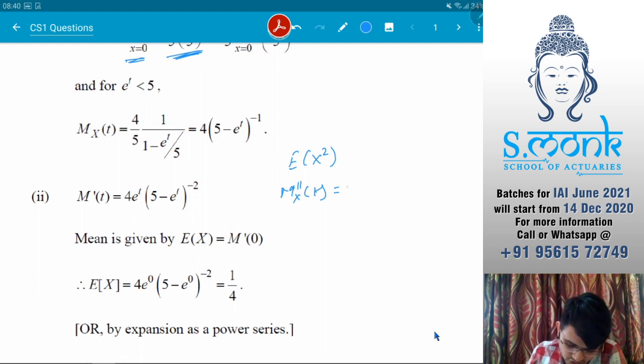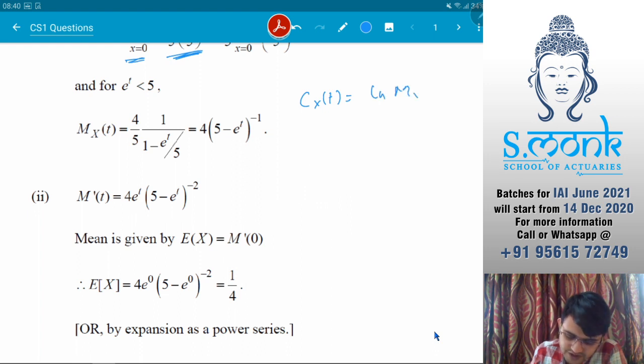Okay, so let's say I wanted to find variance, I would prefer using cxt. Our cxt would be nothing but log of mxt, and this was our mxt, so it would be nothing but log of 4 plus, I can say log of 5 minus e raised to t, raised to minus 1.